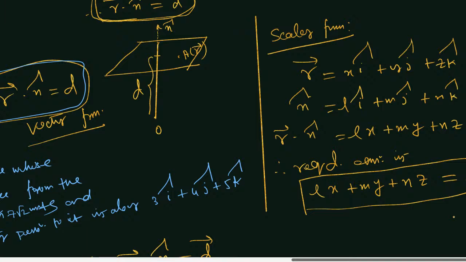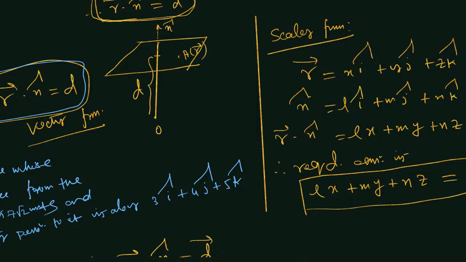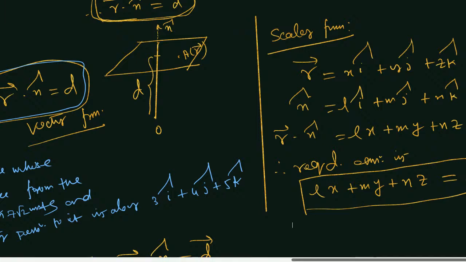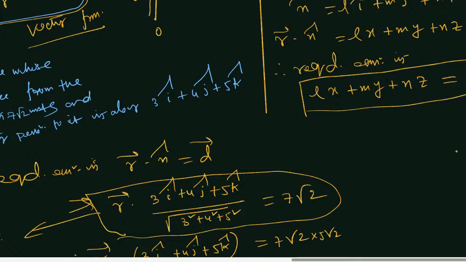Now, both the forms I told you here are known as normal form. We have written the vector equation in normal form. We have written the scalar equation also in normal form. So whether you are writing this or this, these are called normal form. Normal means perpendicular.